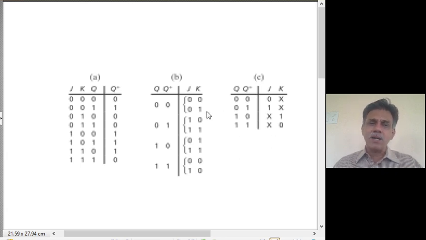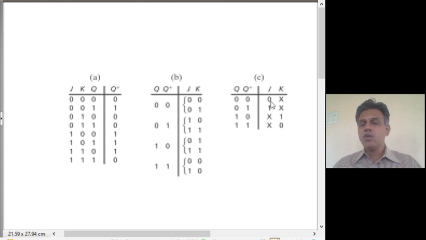This can easily be understood also. See, when both present state is 0 and the next state is 0, we can either go in for a no change condition, which is 0, 0, or a reset condition, which is 0, 1. Both will make this happen.